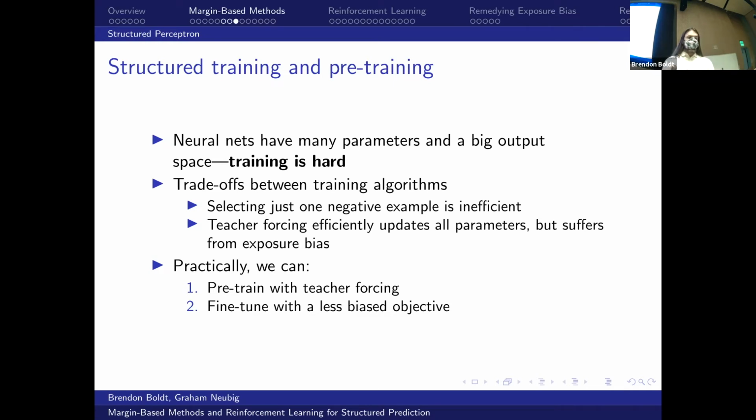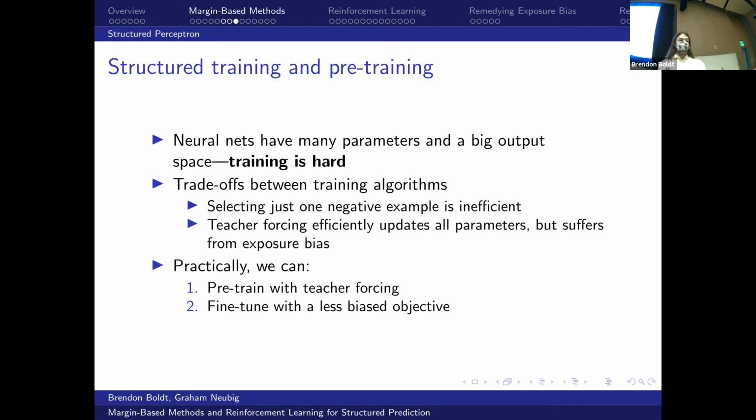Whereas when you're using teacher forcing and maximum likelihood, since this is fully differentiable, it's updating all the parameters at once, because if you're looking at something like a softmax, the gradient is flowing backwards through the denominator. But of course, this suffers from exposure bias, as we said at the beginning.